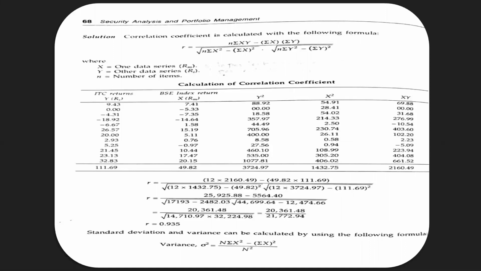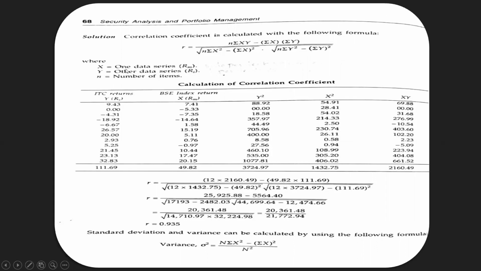for calculation of correlation coefficient, it is calculated using this formula: r is equal to n of sigma xy minus sigma x into sigma y divided by root of n sigma x square minus sigma x the whole square into root of n sigma y square minus sigma y the whole square. So I said we'll be calculating the independent variable as the x value.